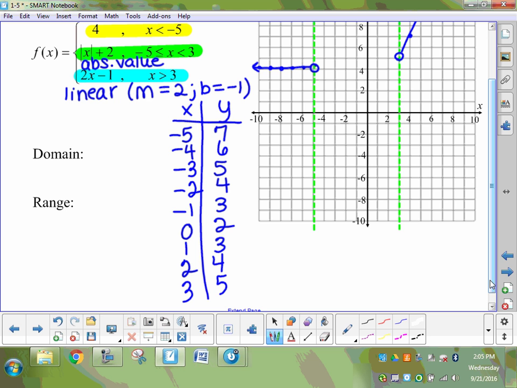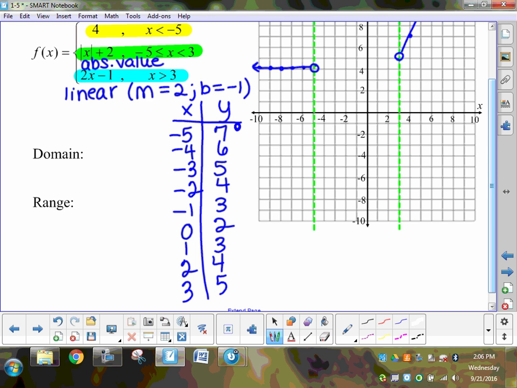Looking at what's there, let's ask this before we start plotting them. Is it an open circle or closed circle at the point -5, 7? Felix, what would it be? A closed circle. And Olivia, what's it going to be when I am at the point 3, 5?